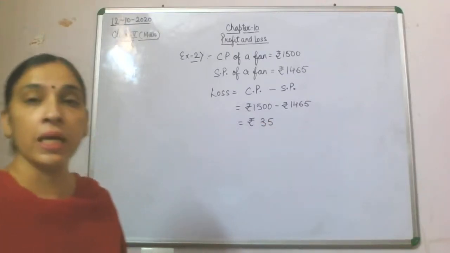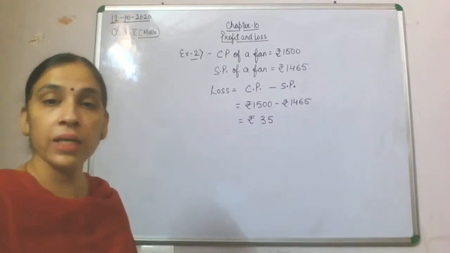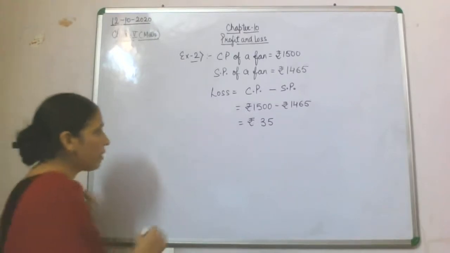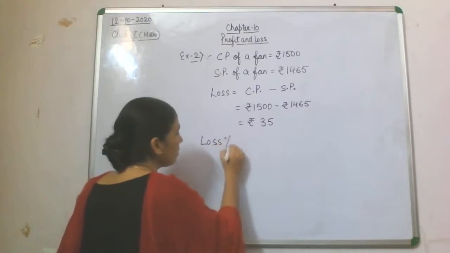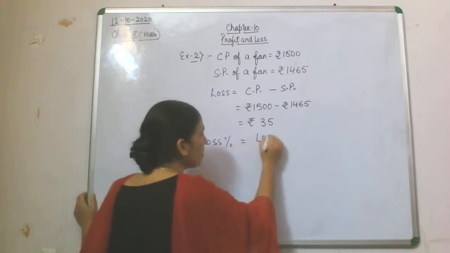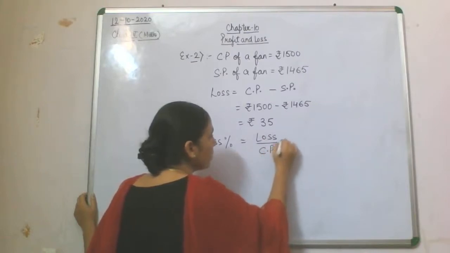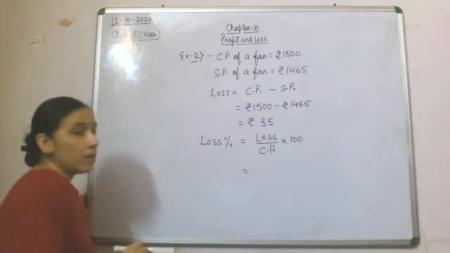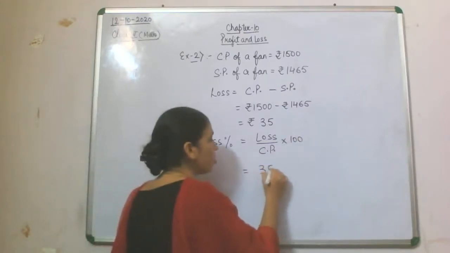Now what next? Next you are asking to find the loss percent. So now we will find the loss percent. The formula that we just did is loss divided by CP into 100. What is the loss? 35 rupees is the loss.